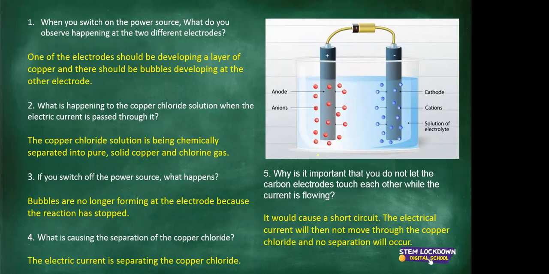And what is causing the separation of the copper chloride? The electric current is separating the copper chloride. So through this experiment, when you had it switched on, what happened? When you had it switched off, what happened? What we can conclude is that the electric current is actually separating the copper chloride.